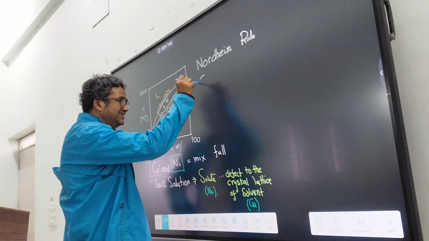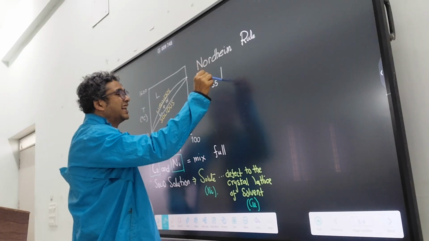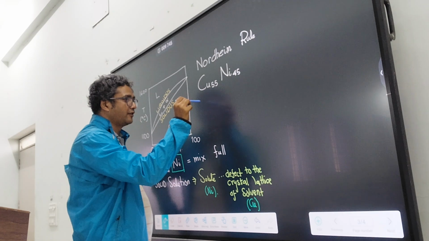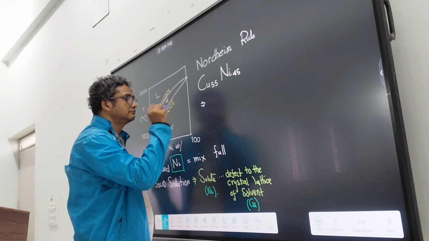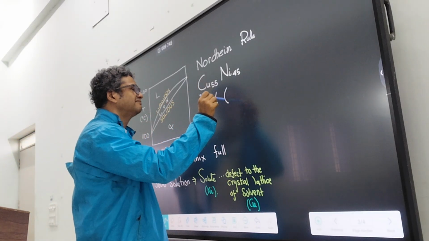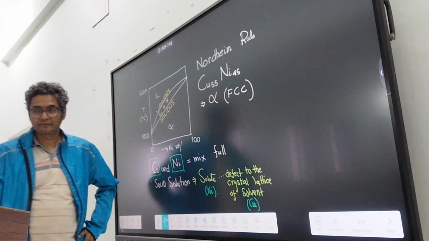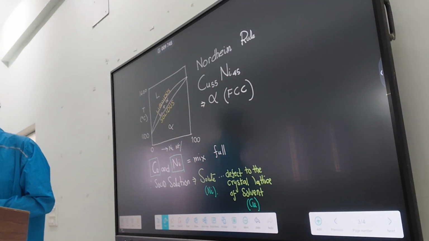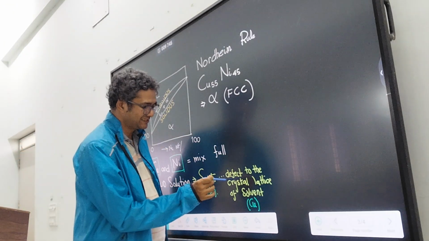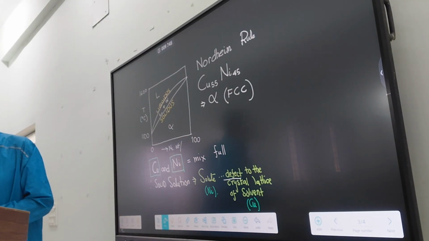So copper and nickel are forming the alpha phase. They are mixed in such a way that no further addition is possible. So what does this mean? The defect creation due to the addition of the solute cannot go any further; there cannot be any more defect creation.